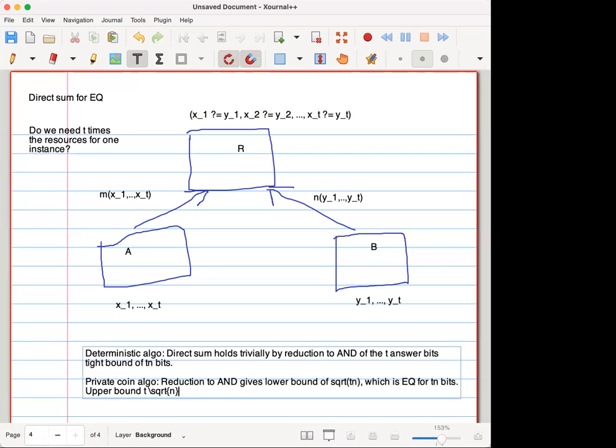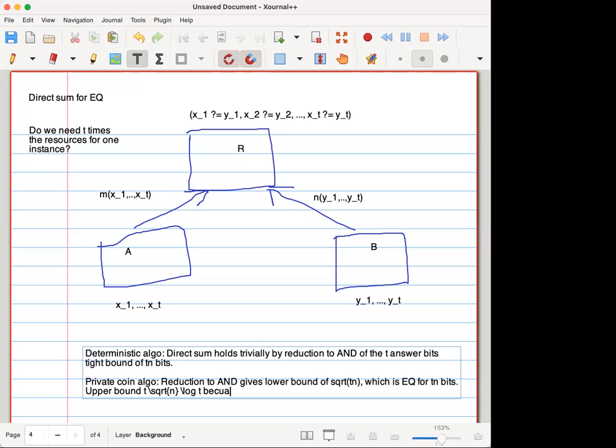Right? I don't want that. So what I have to do is, for one instance, I have to reduce the error probability to 0.01 by t. So that means even for one instance, I cannot do it in square root n, but I have to repeat the same protocol something like log t times to reduce the probability of error. Log t times, yeah, that's what I've written, log t.